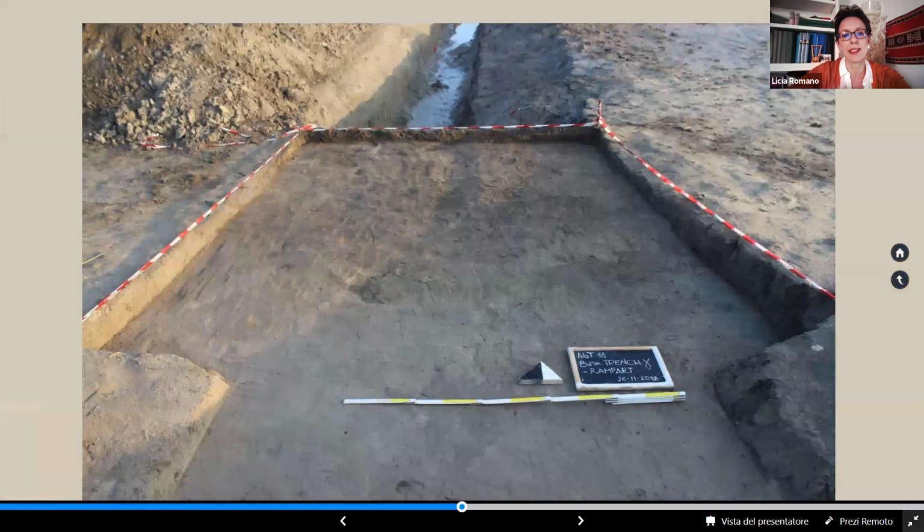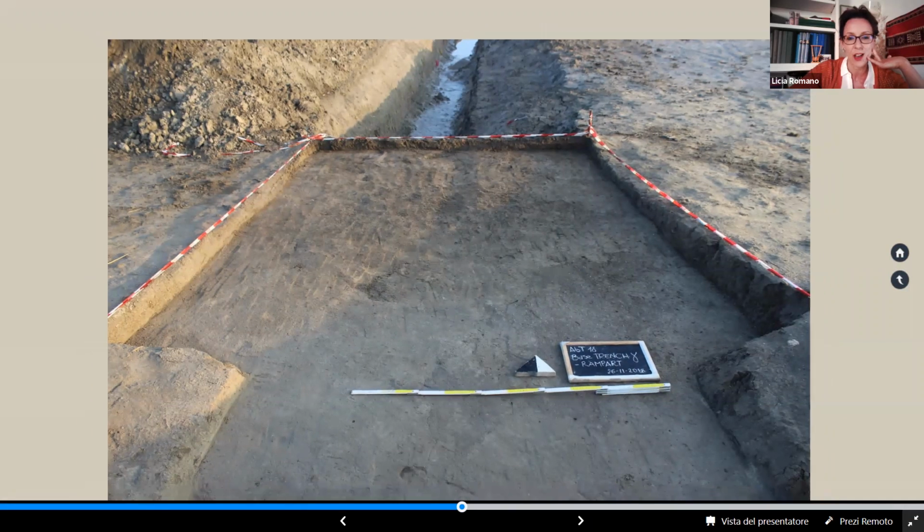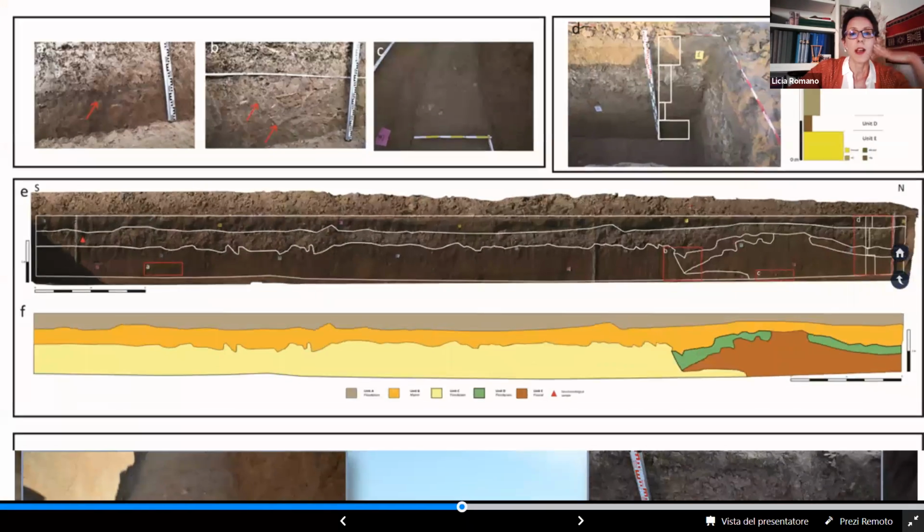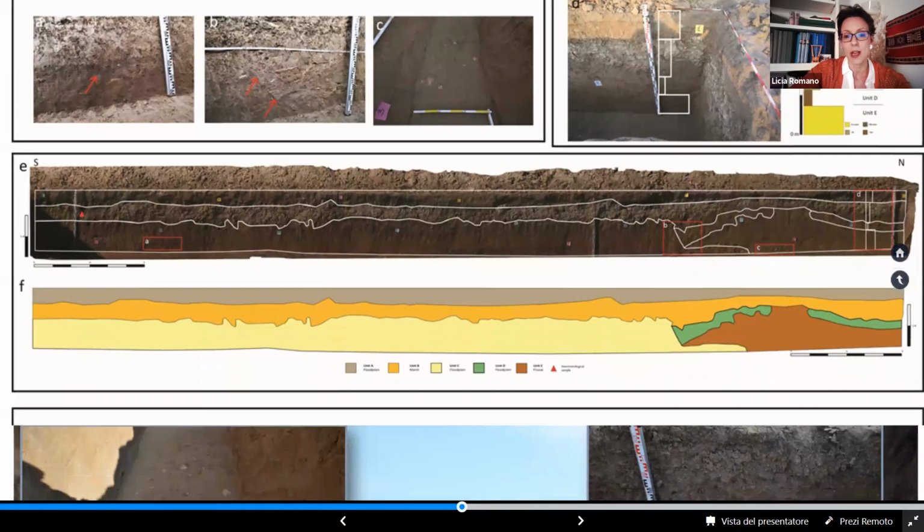As you can see here, the limits between the stratigraphic units are not very clear, as should be expected in a place in which water played an important role. The situation in the secondary canal is similar. We have an earlier canal full of sand and a later canal with silty clay sediment.